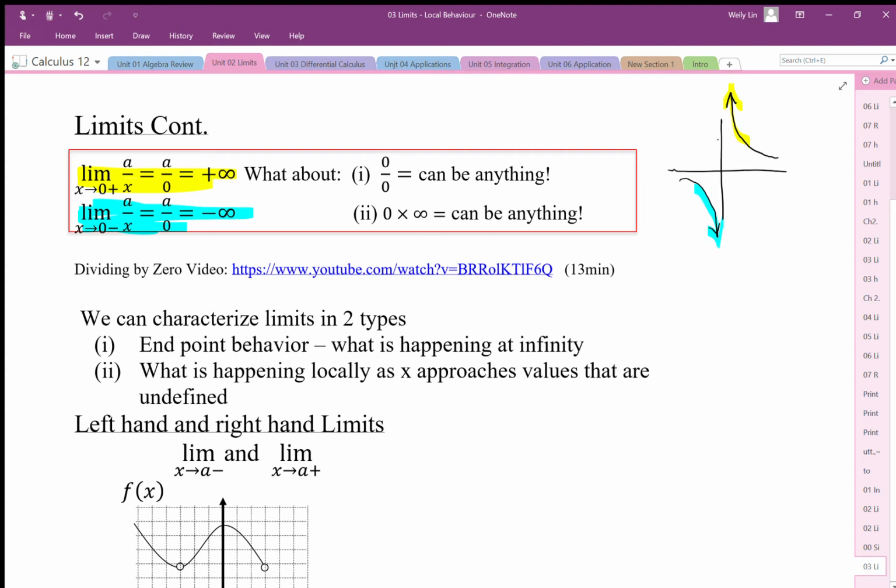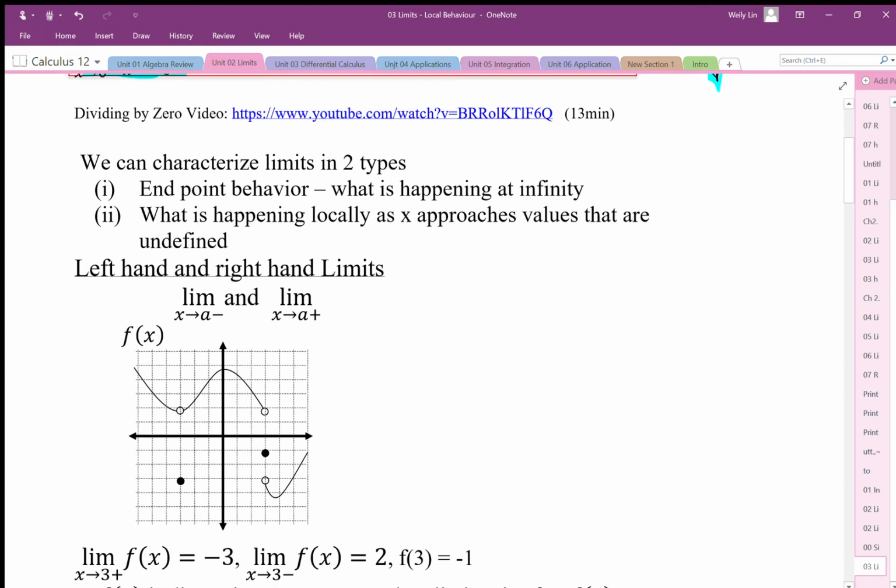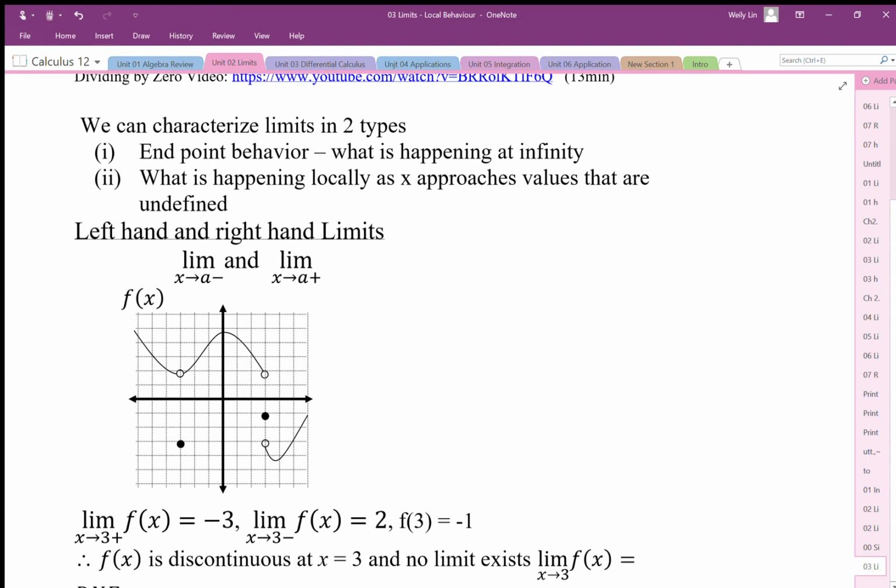And that's the most effective way, and the most common way as well, that we're going to deal with ratios. So we're going to characterize these limits into two types: endpoint behavior, so what's happening at infinity, and what's happening locally as x approaches some values. So these are local behavior ones where we're looking at x going towards some local point.